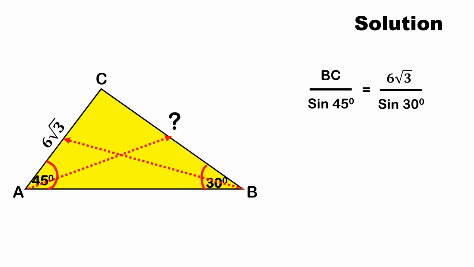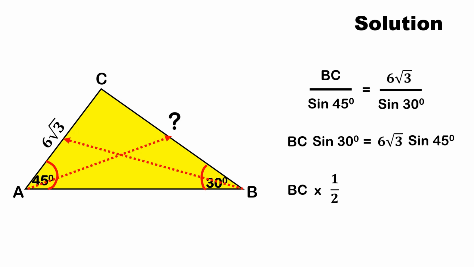Multiply BC by sin 30 degrees and 6 root 3 by sine 45 degrees. The value of sin 30 degrees is half, while the value of sine 45 degrees is half root 2.